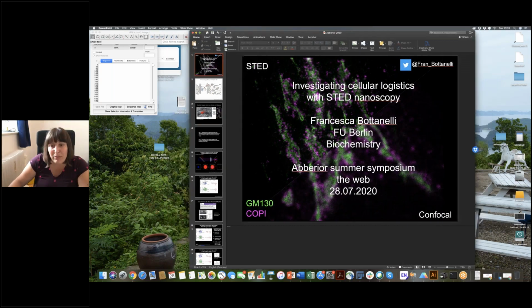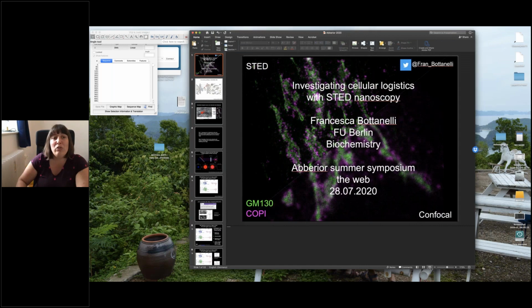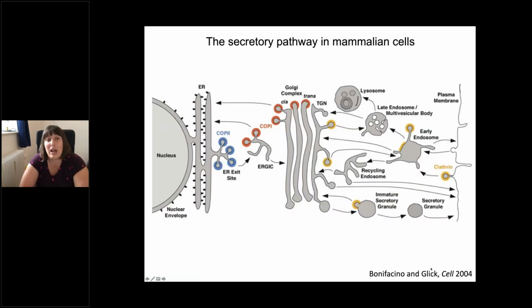And that brings me to my first slide, which is a little bit of an introduction of what we do in the lab. So in the lab, I'm gonna change this to laser pointer. Yeah. So in the lab, we want to understand how proteins get to the right intracellular destination. And in particular, our work focuses on the Golgi apparatus.